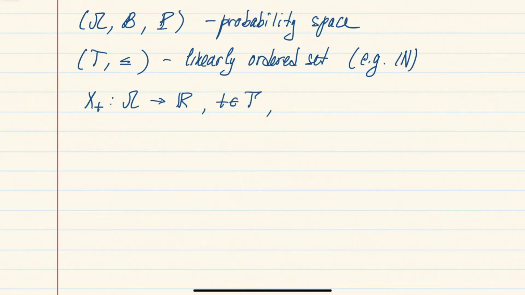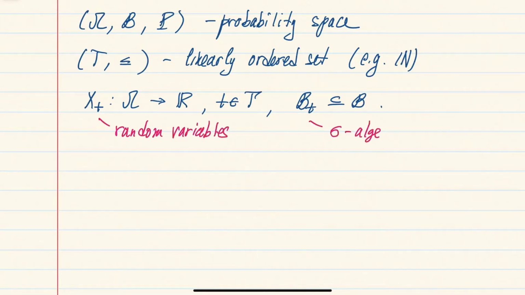And we will also have some family of sigma algebras that will be denoted BT, and these sigma algebras will be sub-sigma algebras of the sigma algebra on the probability space. So here this xt will be random variables and BT will be sigma algebras.